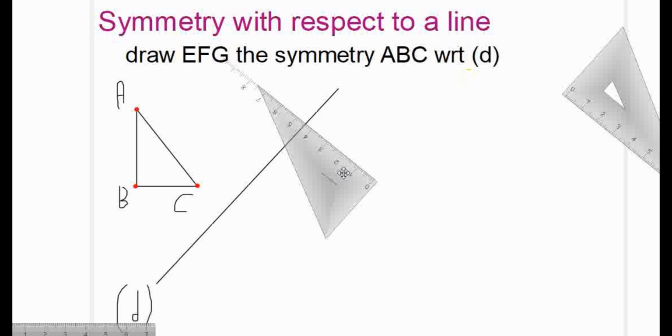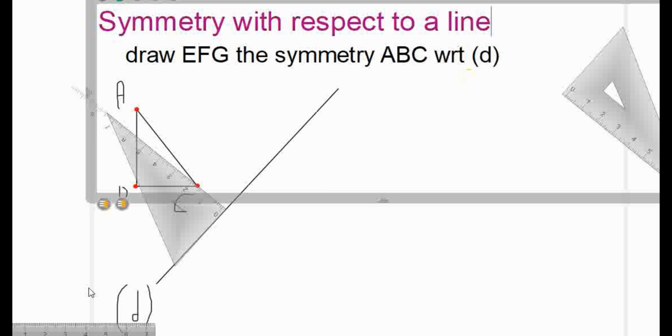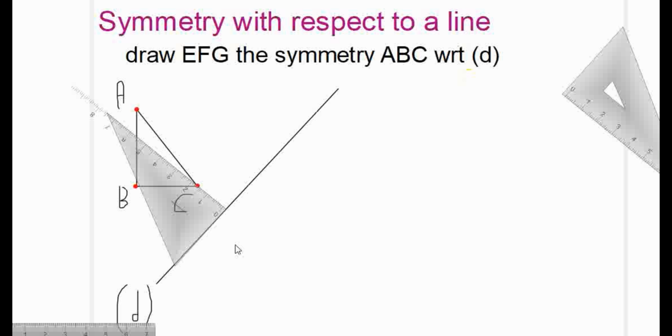So let's take the point C. Our first step is we should bring a set square and draw a perpendicular from each point to this line D. So we are going to draw a symmetry with respect to D. Also, as I said in the last slide, with respect to a line, D will be in the center. It will be the midpoint.